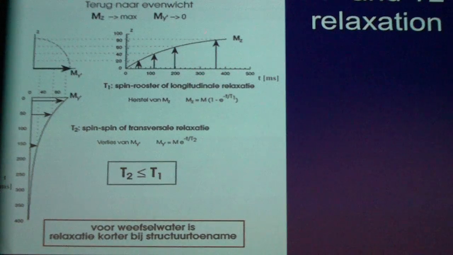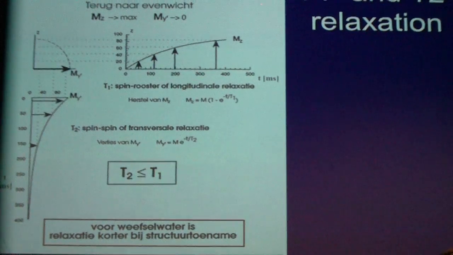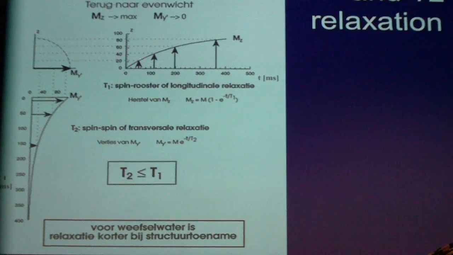Your magnetization is completely back as it was in the beginning. If you only wait a short time, there is only very little magnetization. We also say the spins are still saturated. They are not back to the equilibrium. And you can only bring into the plane perpendicular to the main magnetic field what is there. If it's not there, you cannot bring it into this plane.